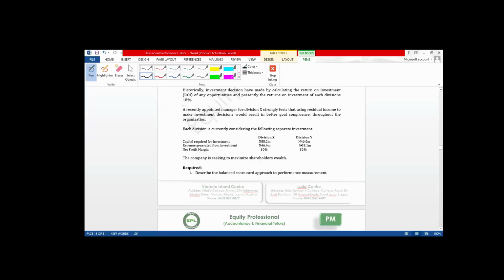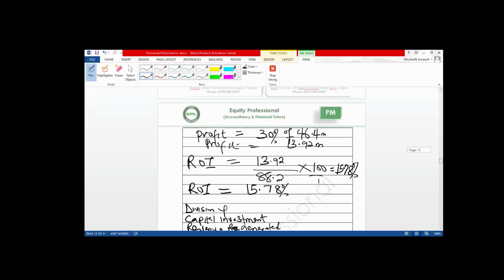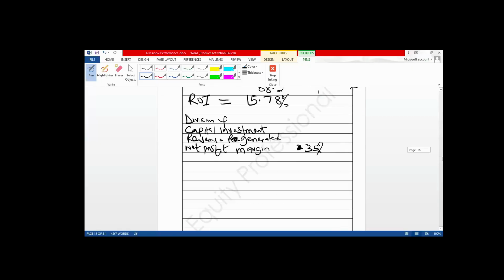Investment amount 46.0 million. Revenue 28.1 million.